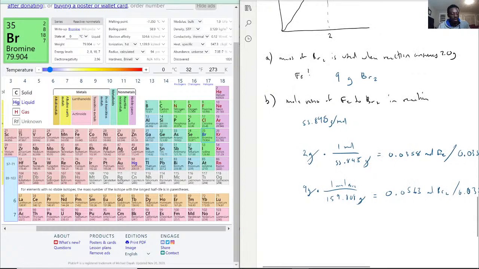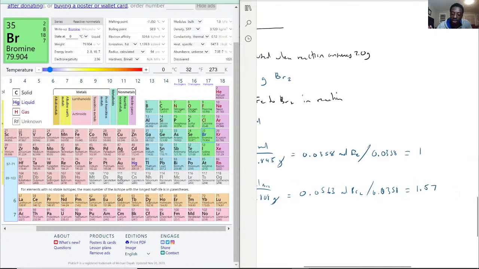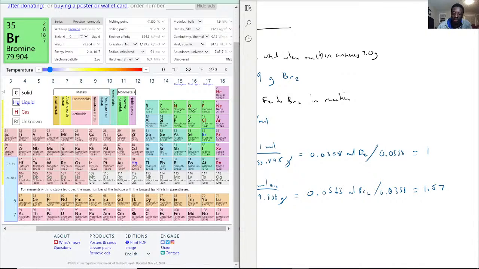So it's a little bit unclean, but if we do an estimate, we have almost a 1 to 1.5, or a 2 to 3 ratio. That's what we have there.